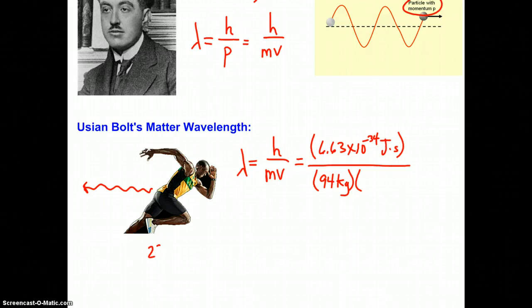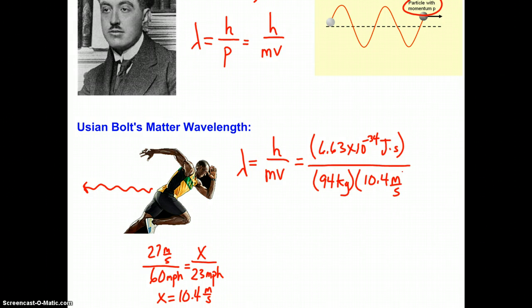So if we set up a little ratio, 27 meters per second is to 60 miles per hour as x is to 23 miles per hour. We find, of course, by cross multiplying and dividing here, that his speed in metric is 10.4 meters per second. That's pretty good.